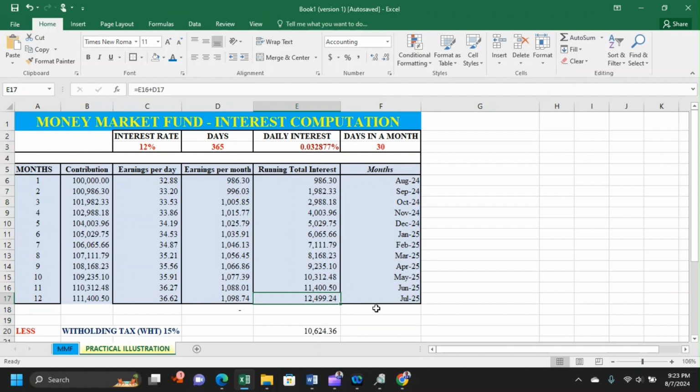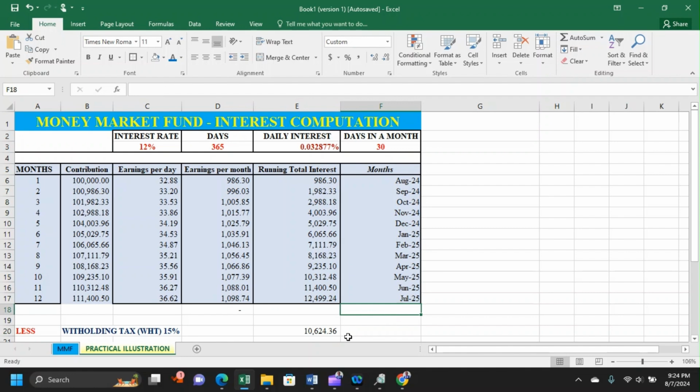But remember, there are regulations and laws and taxations that may also need to be taken care of. And in this case, the money market has a withholding tax of 15%. Therefore, the money that you've made, you will not get all of it, but you will get 15% less.